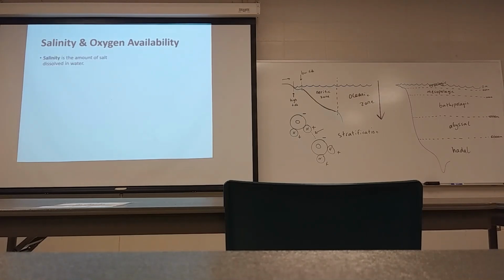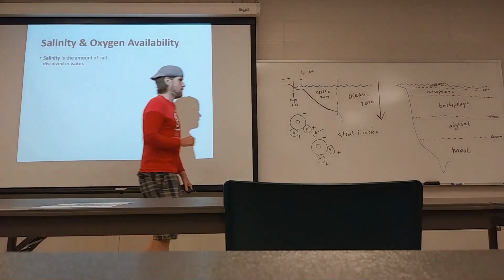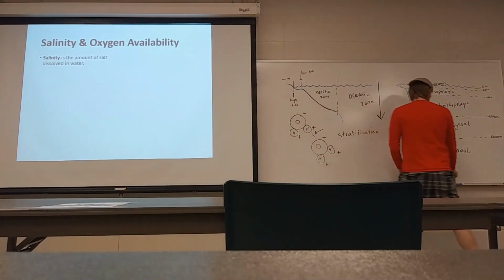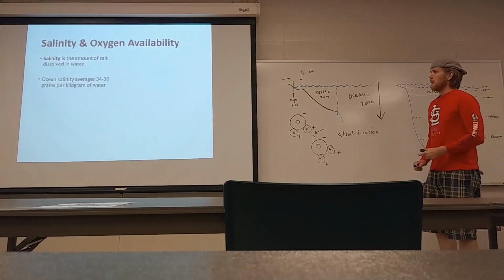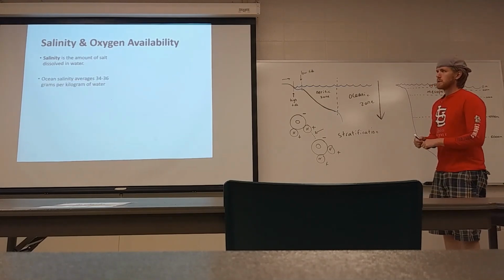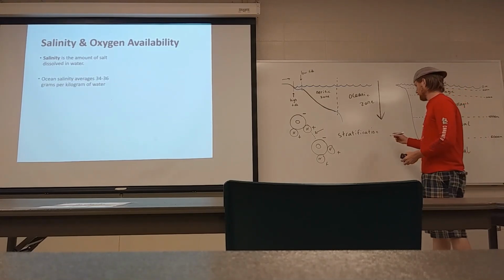Some other things, salinity, the amount of salt dissolved in water. We all know the ocean is salt water, but what exactly is the concentration of salt in this water? It is 34 to 36 grams per kilogram.